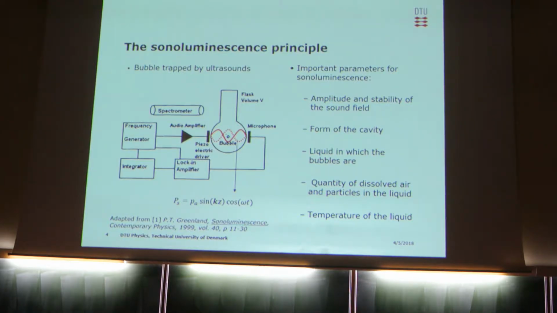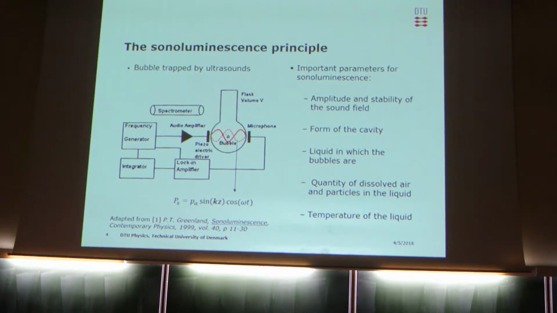With this static sound wave, you can trap the bubble in the antinodes of the cavity, and the bubble will begin to oscillate with the sound wave. When the bubble squeezes, there will be really high pressure, and this will make some light.